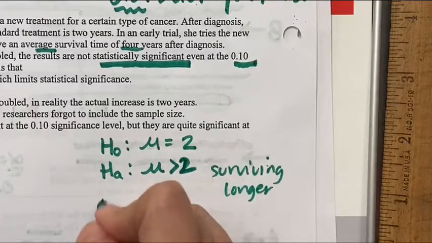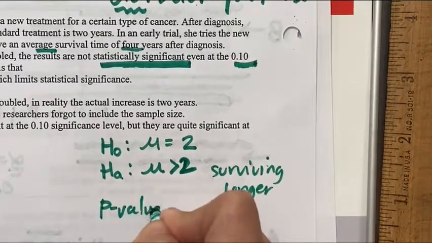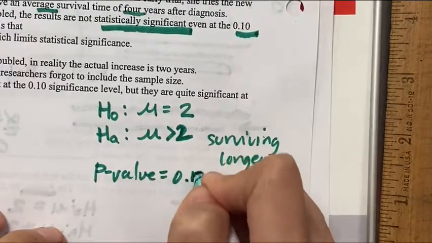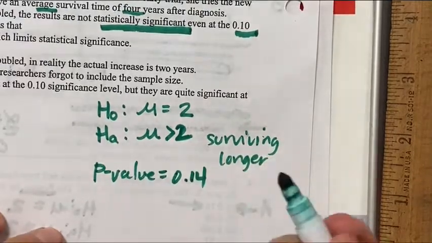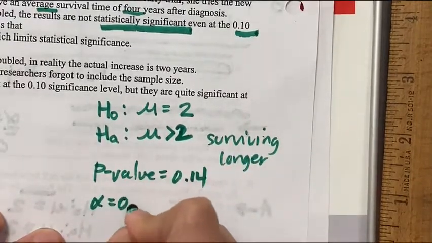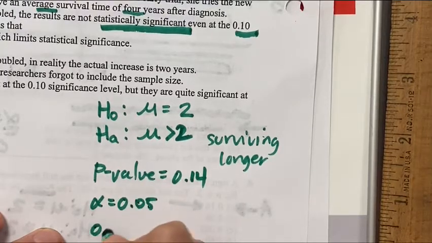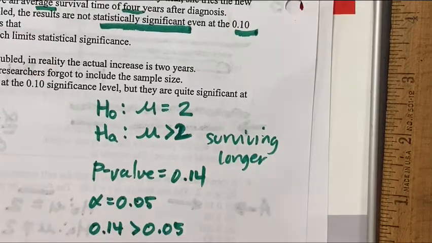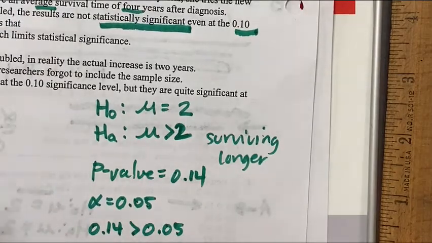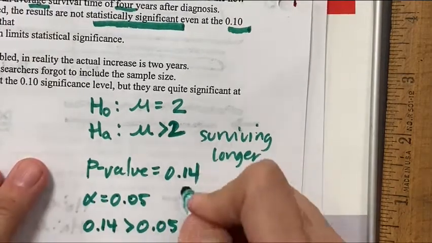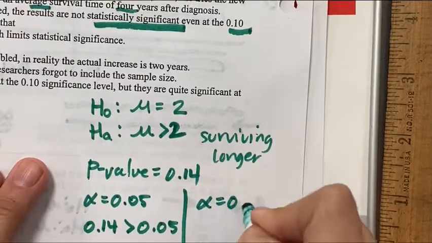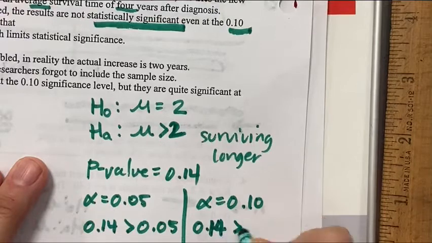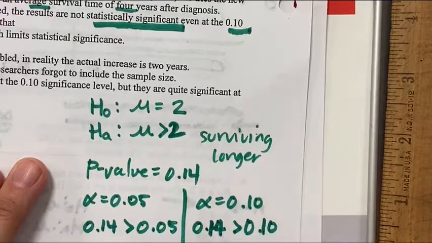What does that mean? That means they finished out the test, and let's just give a reasonable guess. Let's say the p-value that they generated was 0.14. Now, if alpha was 0.05, we can't walk through door number 1 because it's greater than 0.05. We could try to increase the significance level, but even if we increased it to 0.10, notice 0.14 is still greater than that significance level.